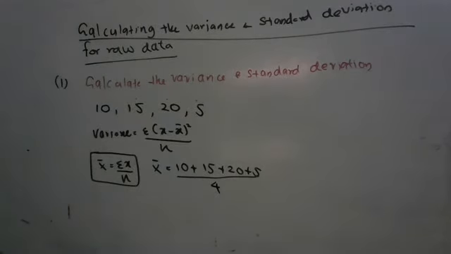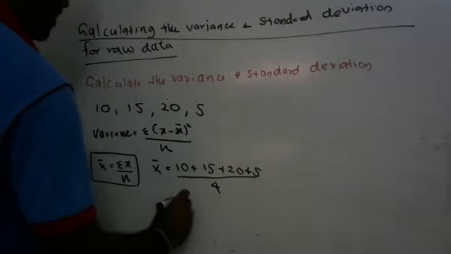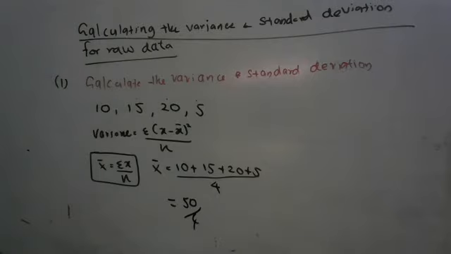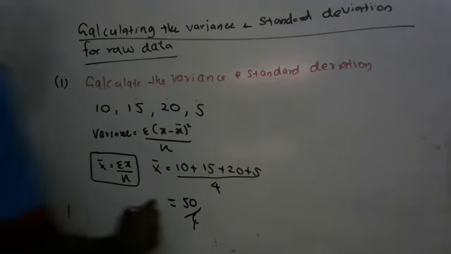The total: 10 plus 15 is 25, plus 20 is 45, plus 5 is 50. 50 divided by 4 is 12.5.